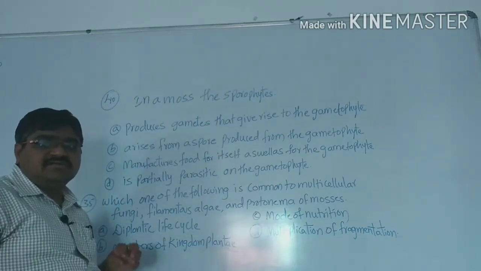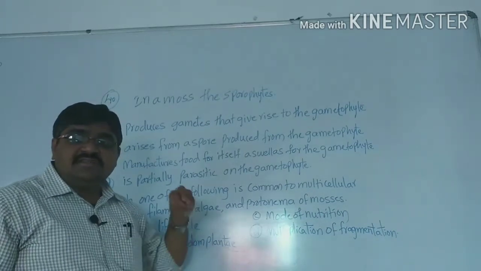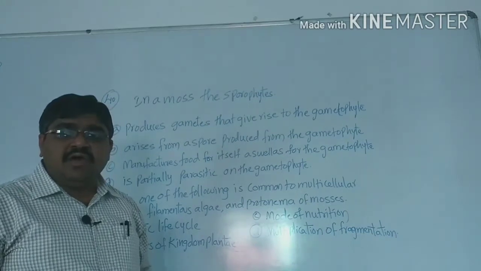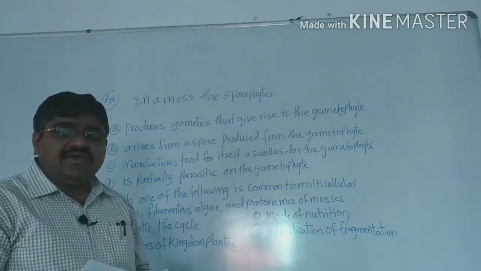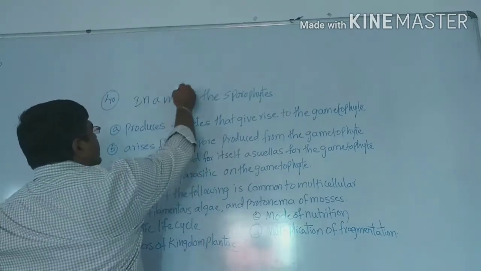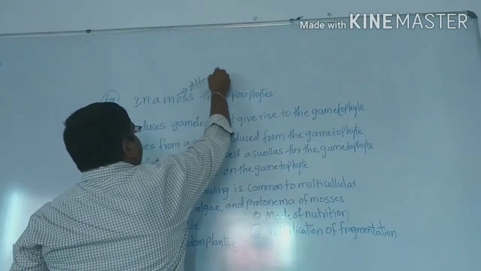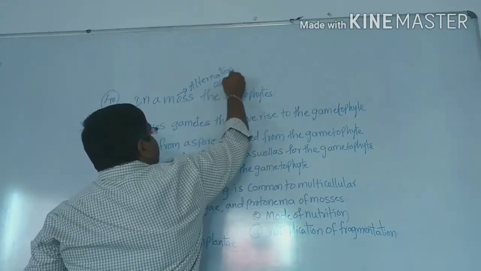The sporophyte is able to produce the gametophytes. Why? Because mosses show alternation of generations.